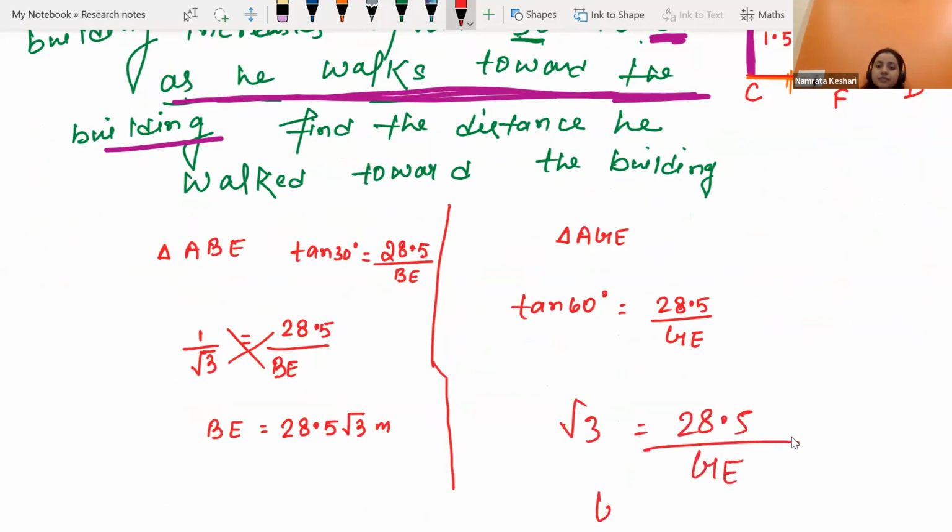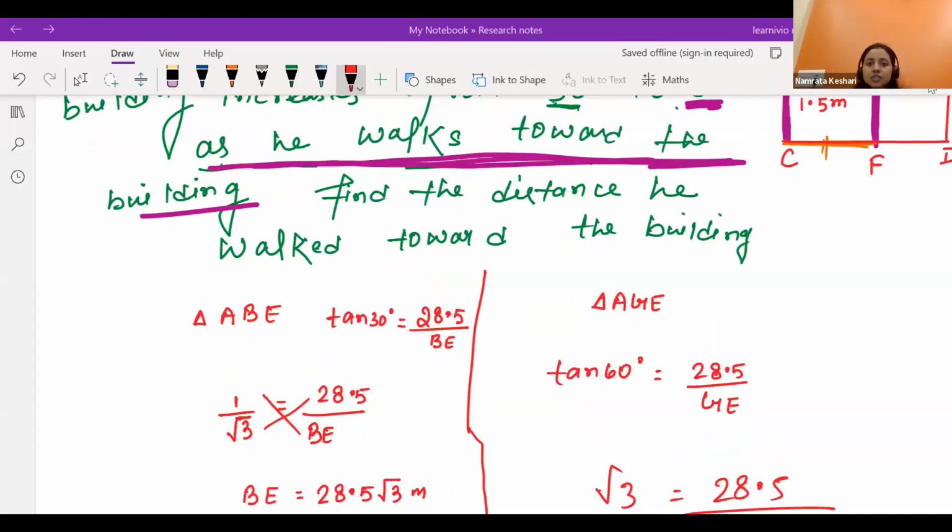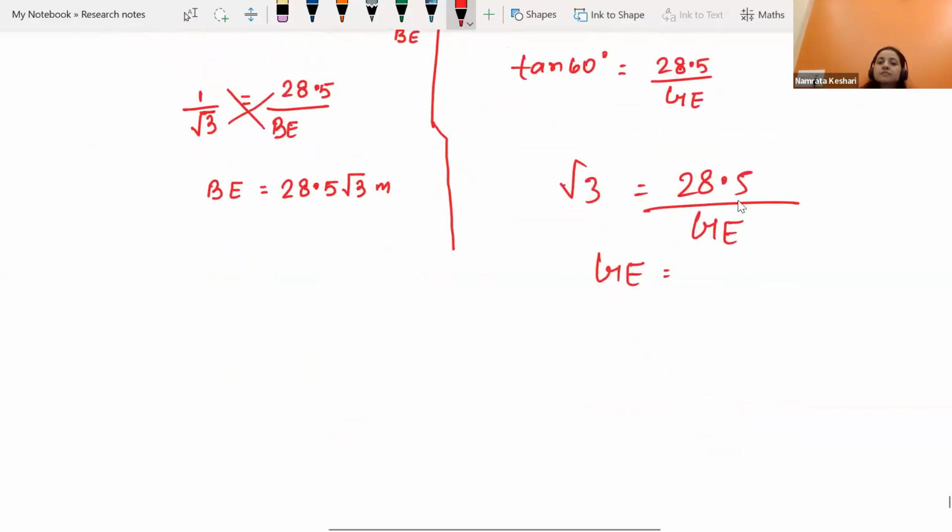G will be, G will be, yes, GE will be 28.5 √3. 28.5.